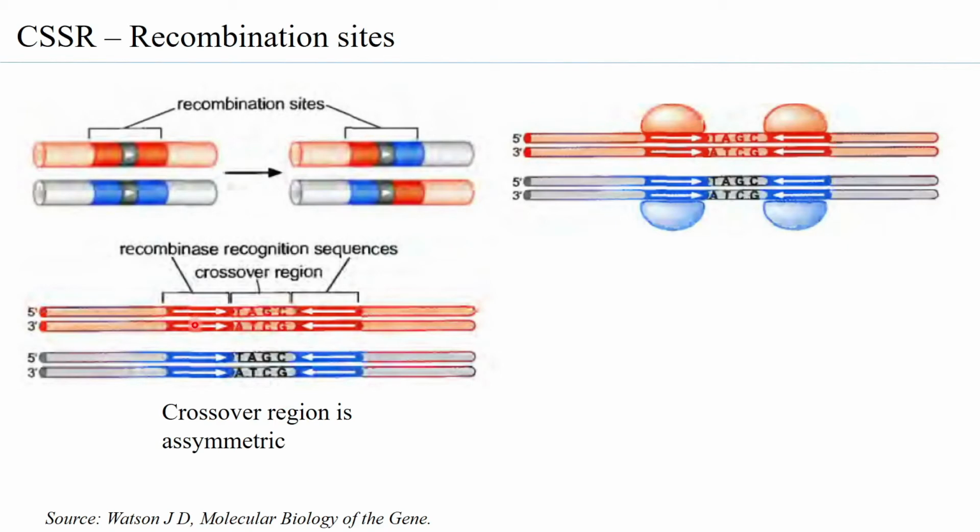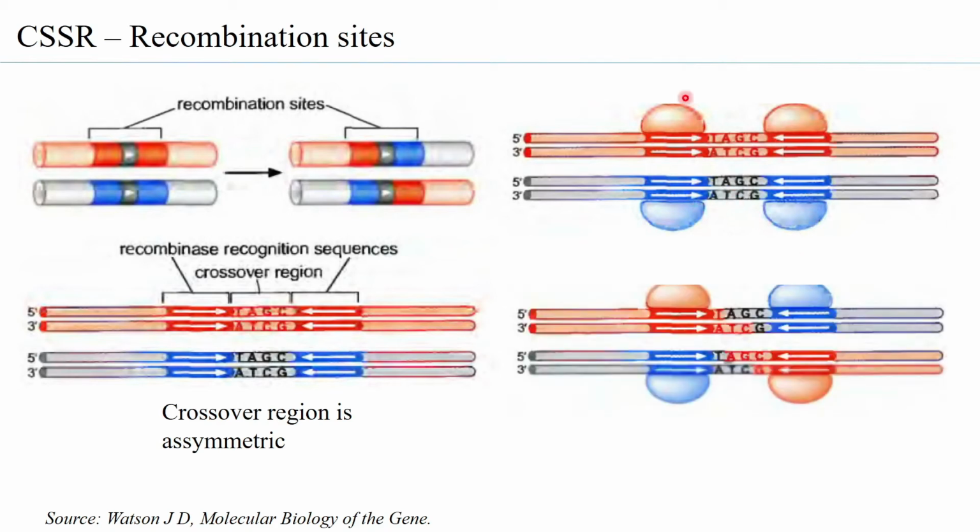Now, these are the regions where the recombinases come and bind. You can see very well that the recombinase binds to each of the recombination sequences. After the recombinases bind, you can see how the gene exchange takes place across the crossover site.